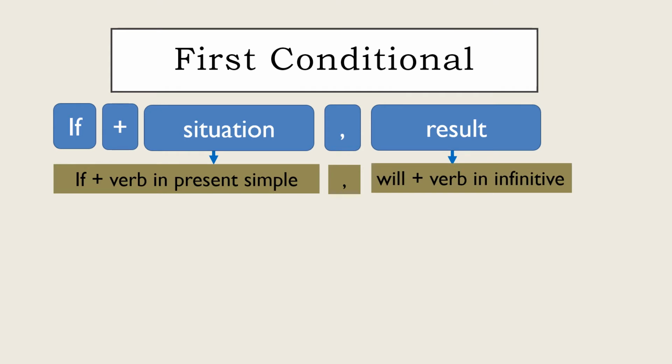Antara bentuk ayat biasa untuk first conditional ialah if, jika, tambah dengan verb dalam bentuk present simple, comma, will akan tambah dengan verb dalam bentuk asal, iaitu kata kerja dalam bentuk asal.